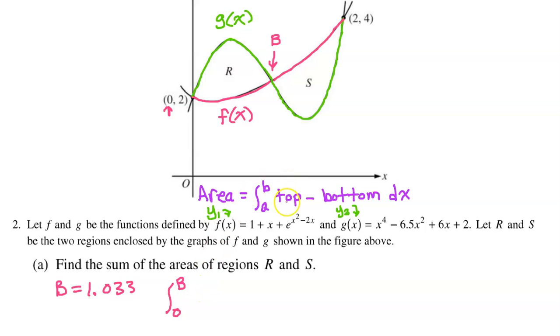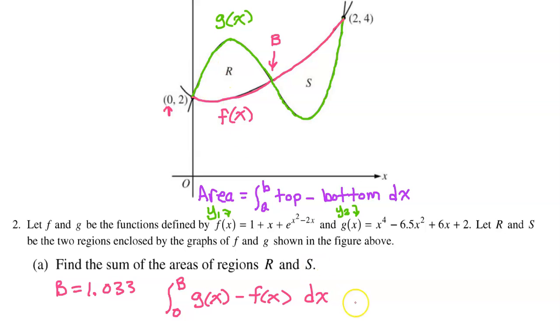And we are integrating the top function minus the bottom function. So in this case, that will be g of x minus f of x. And please just write g of x minus f of x. You do not need to fill in these ugly expressions. They have already been defined as f and g. So just use f and g, g minus f.